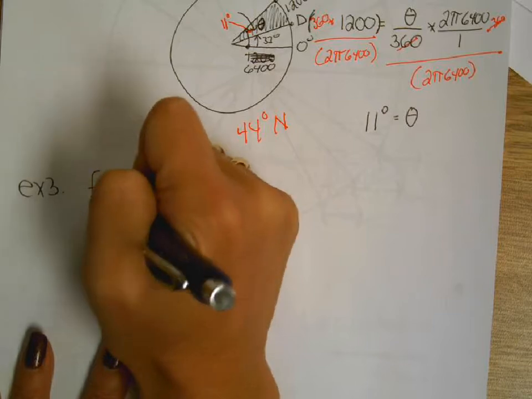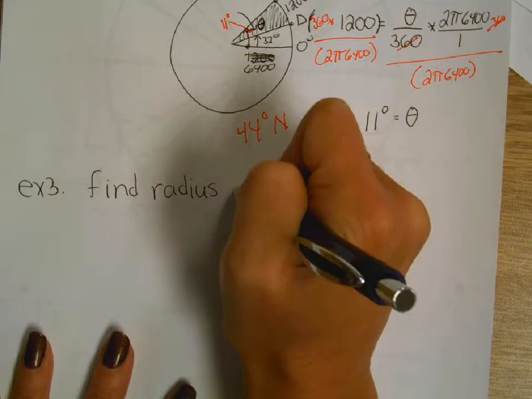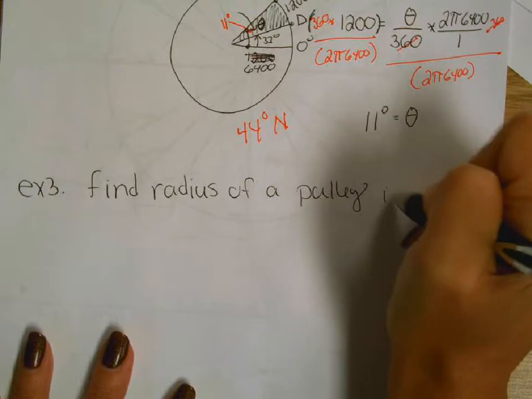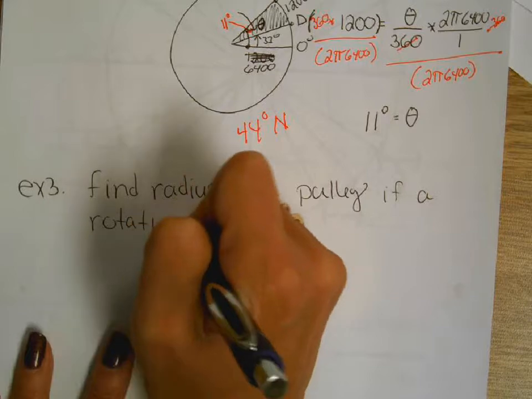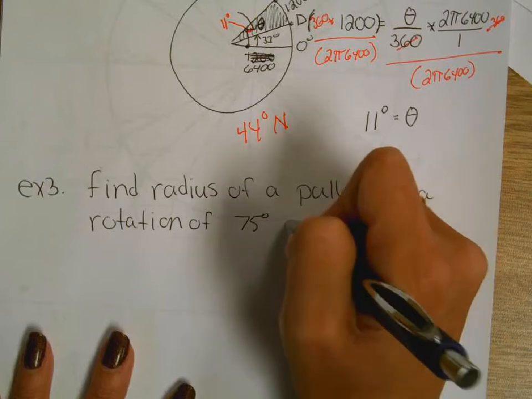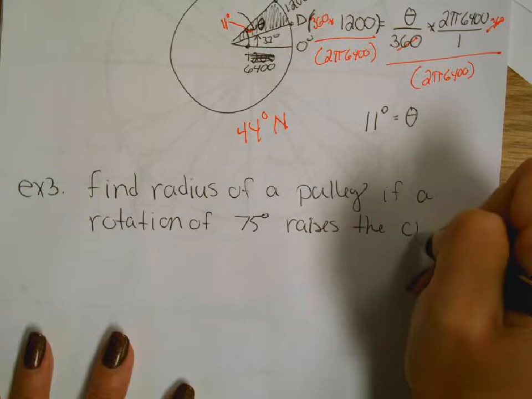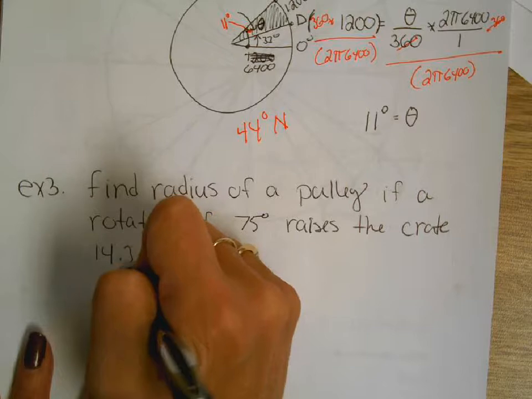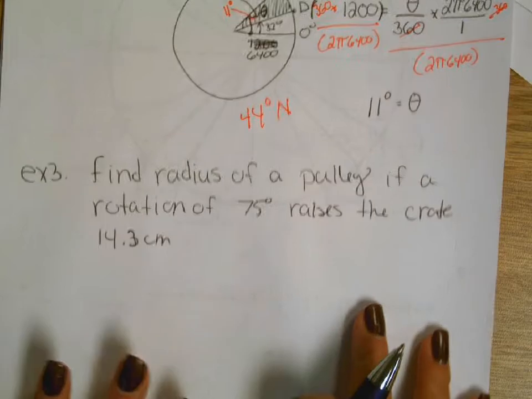Let's see, we're going to find the radius of a pulley if a rotation of 75 degrees raises the crate 14.3 centimeters. Oh, okay, that's a small pulley.